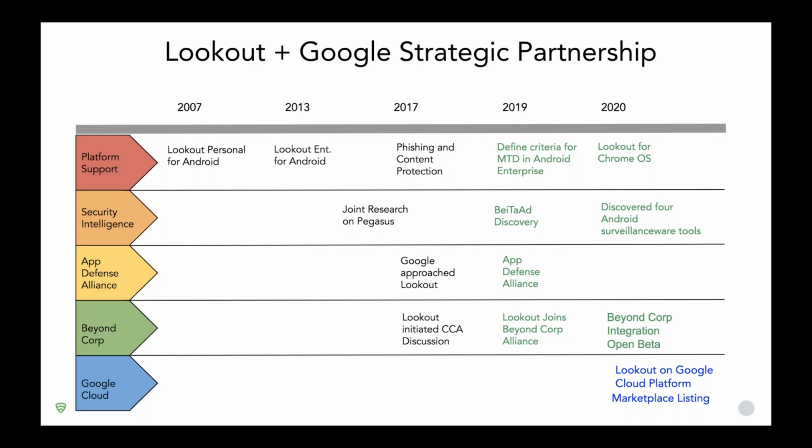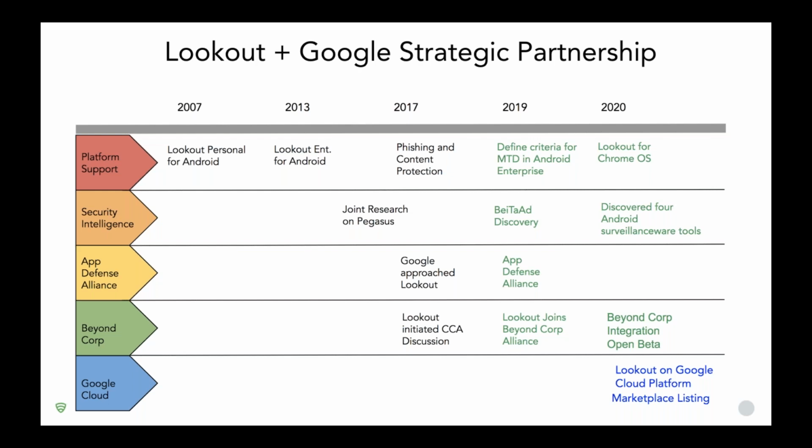So every time Lookout discovers a new mobile threat, we would always notify Google before we would publish any statements publicly. And so this led us to do some joint research with Google in 2016 around a big discovery we had, which was called Pegasus. So this was a big deal. It helped evolve our relationship even further.